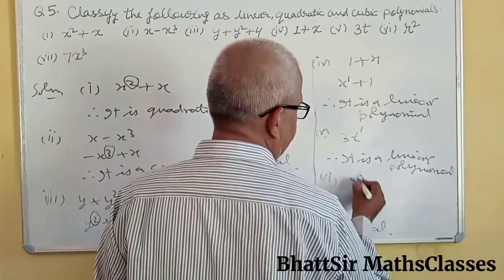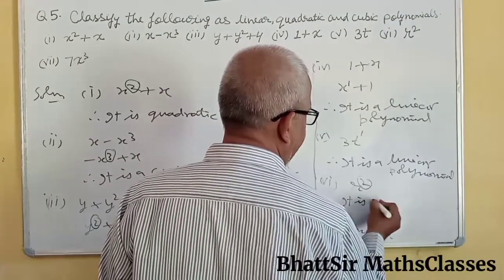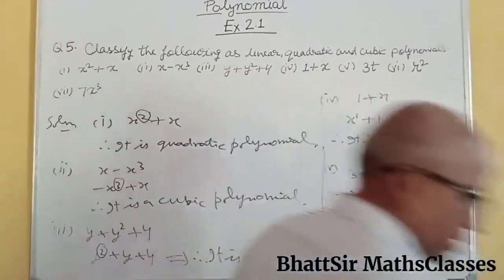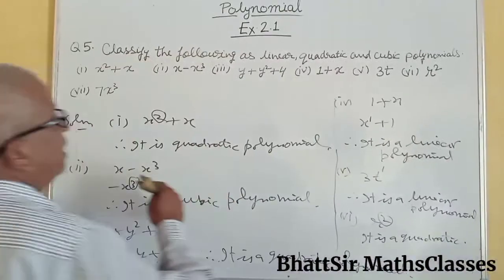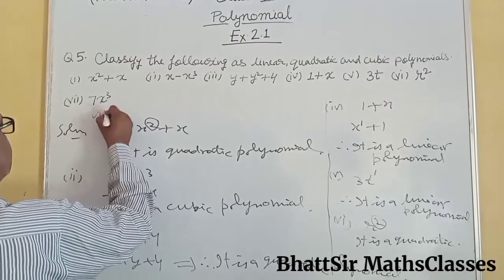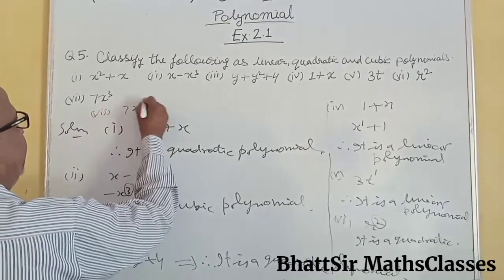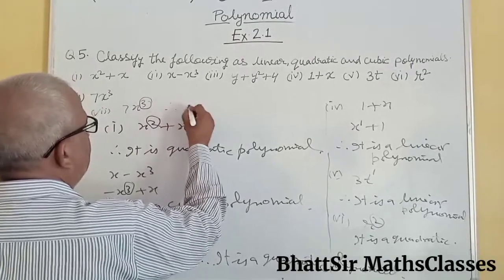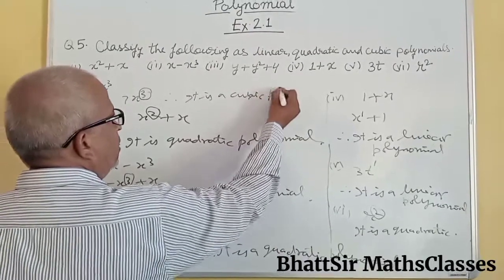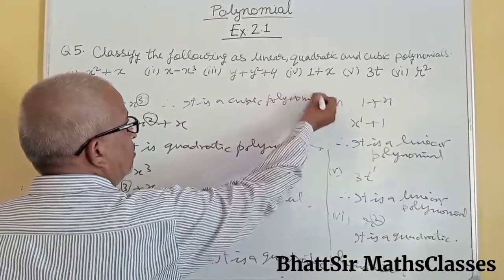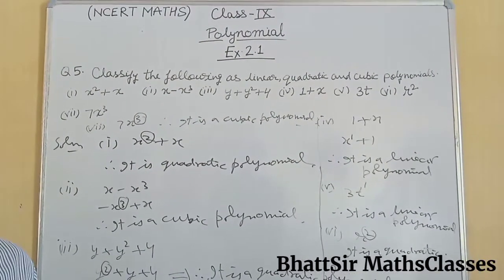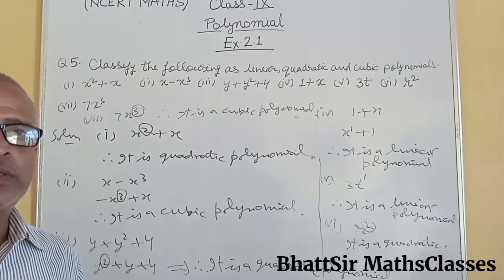It means degree 2, it is a quadratic. Seventh part, 7x cube. It has degree 3. Therefore it is a cubic polynomial. In this way, we can classify linear, quadratic, and cubic polynomials.